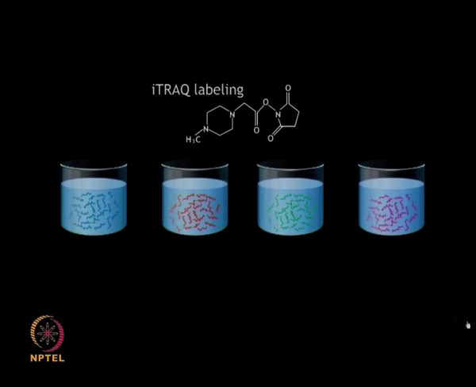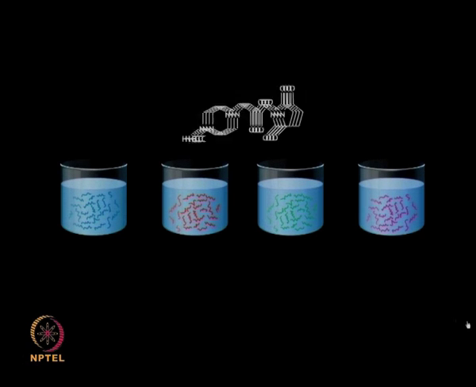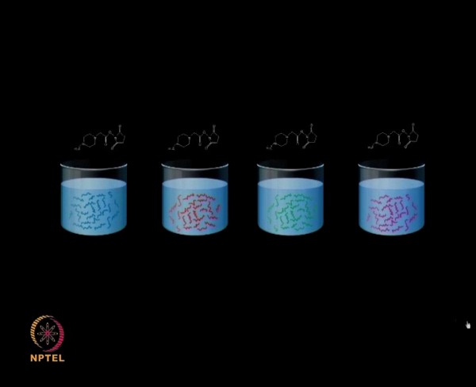The iTRAQ reagent consists of a reporter group, a balancer portion and a peptide reactive group that interacts with the N terminus of the peptide or free amino group of lysine residues, giving an overall mass of 145.